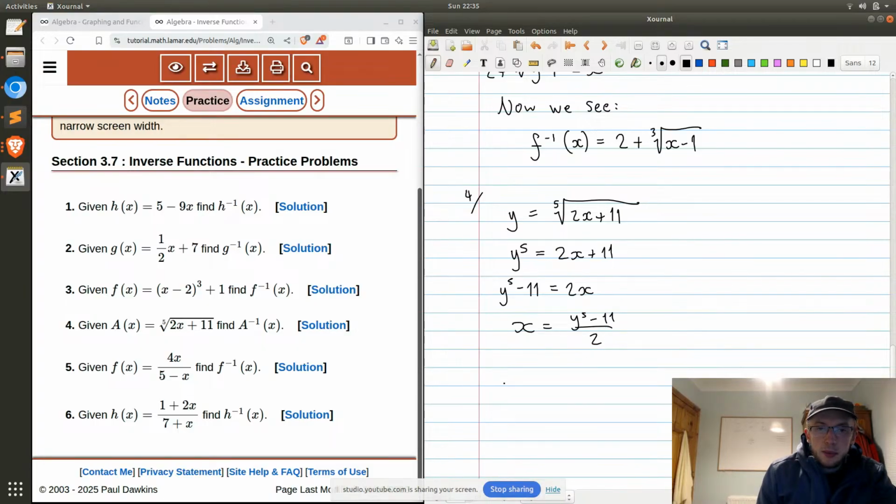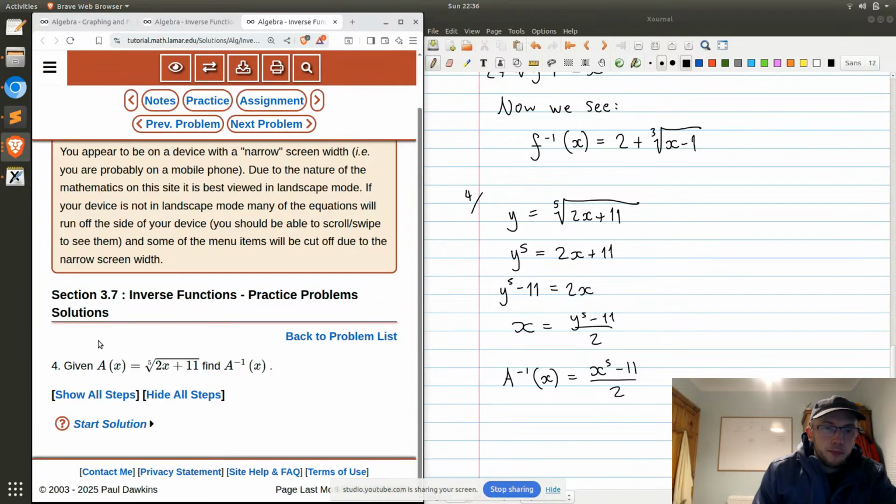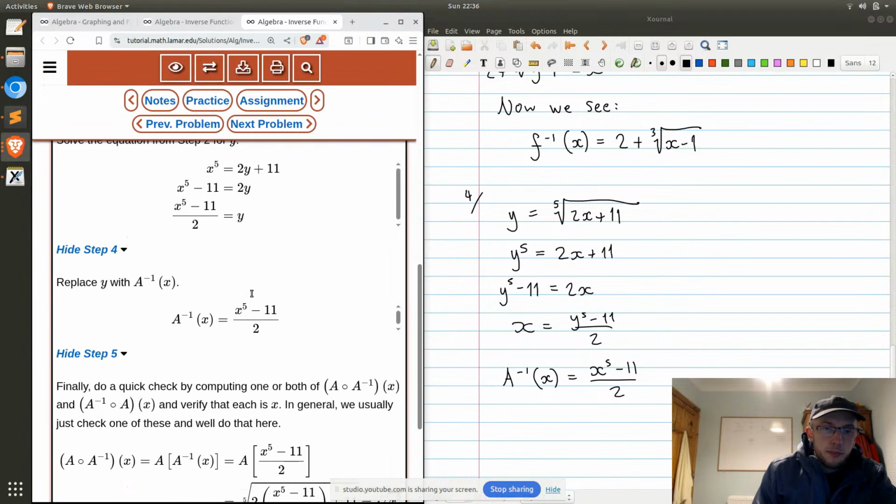And now express your inverse function. So would I write y to the 5 minus 11 over 2? No. Write x to the 5 minus 11 over 2. And there you go. And that's correct, and that's good.